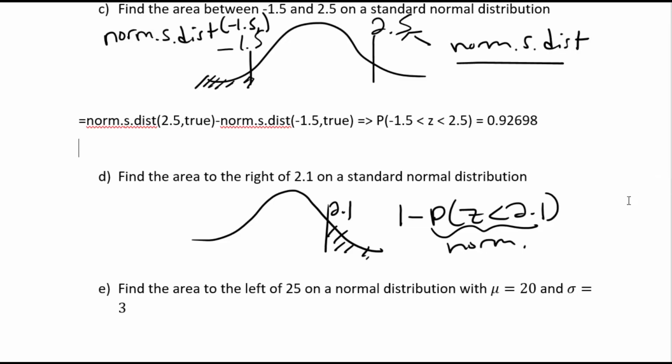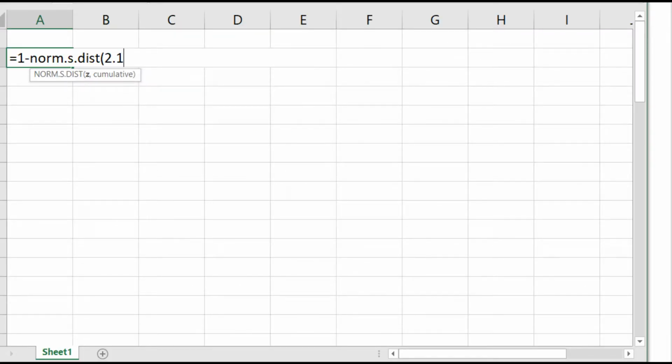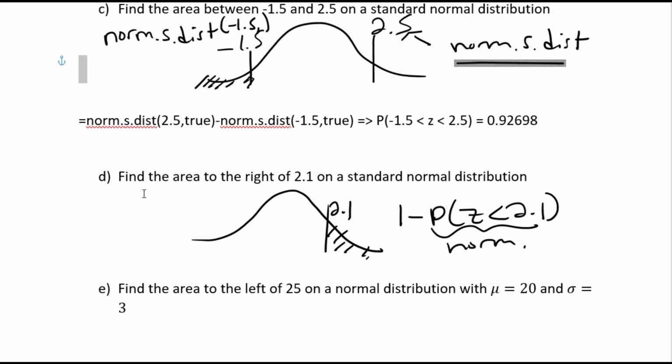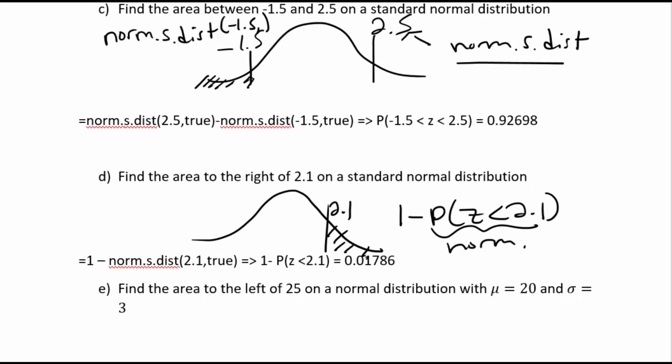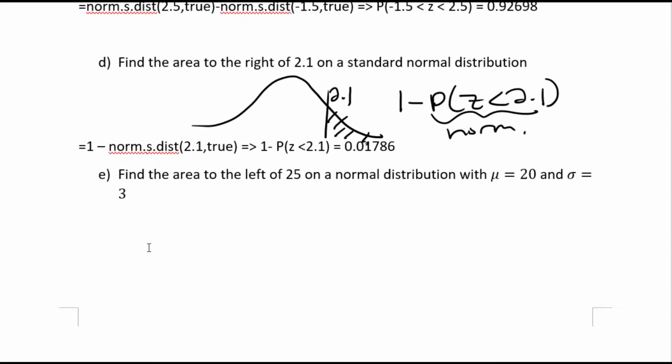The value was 2.1, and then true. That'll give us our value, 0.01786. That's the same thing as 1 minus the probability that z is less than 2.1, which is 0.01786. This is to show our work.